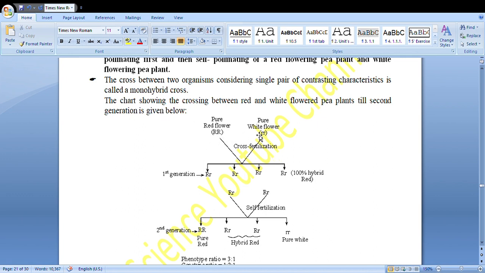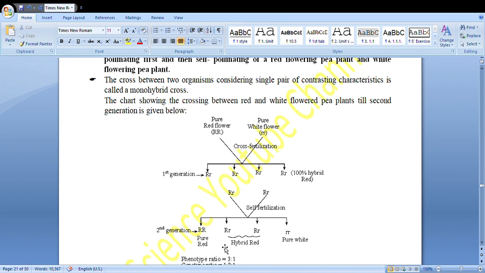Now here is pure red flower, pure white flower, cross fertilization. It gives all 100% hybrid here, because it's just like algebraic multiply, R multiply small r. Now self fertilization between two hybrid obtained from first generation.